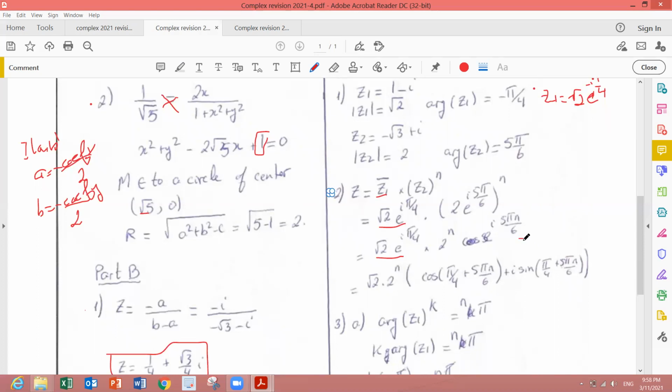In this one, I can write it as radical 2 times 2 to the n, e to the i pi over 4 plus 5 pi over 6n. We add the powers. I change it to trigonometric form.